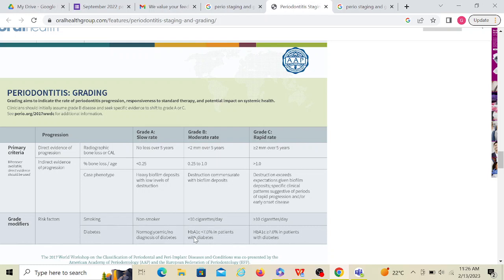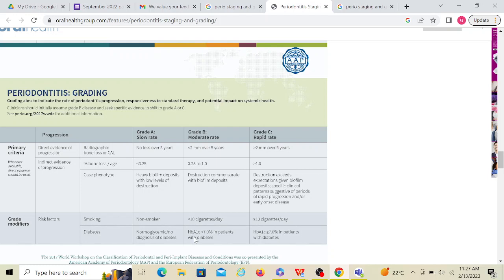Now, because this is your first question and it mentions that 5 teeth have become wobbly because of the disease progression, that means there is severe bone loss. I will directly jump on to stage 4. But he has cigarettes less than 10 and he is non-diabetic. So my grade would be grade B.